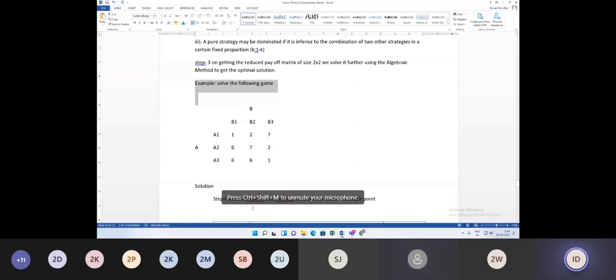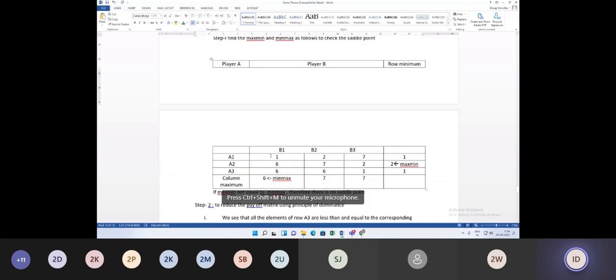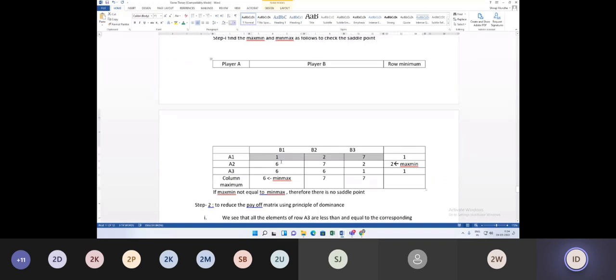Find out the maximin and minimax as follows to check the saddle point. You know how to check the saddle point. Same example you carry on. We have to select the minimum one from the first row. What is the minimum? 1. Select the minimum from the second row. What is the minimum? 2. Select the minimum from the third row.